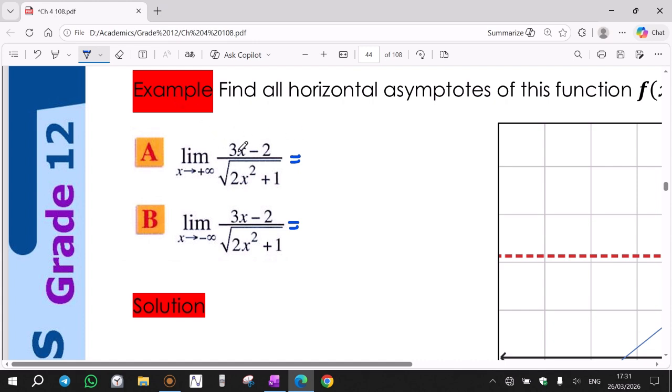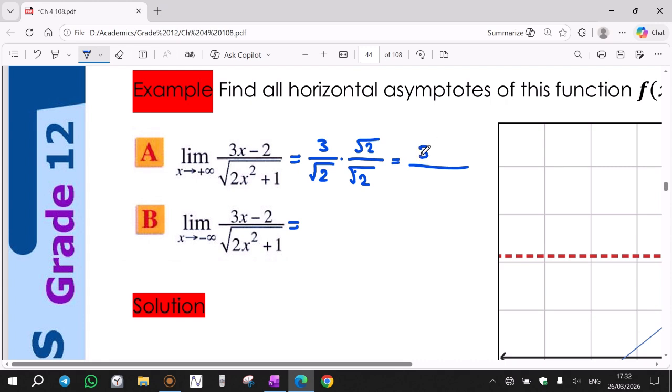Let's do them. Now the coefficient of x here is 3. The coefficient of x squared under the radical, which is just like x, is 2. This 2 is not a normal 2. It's under a radical: square root 2. This is the result of the limit. It might not be in the simplest form, so we multiply up and down by radical 2.